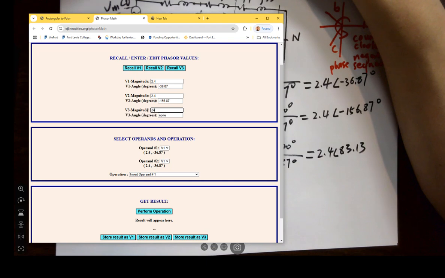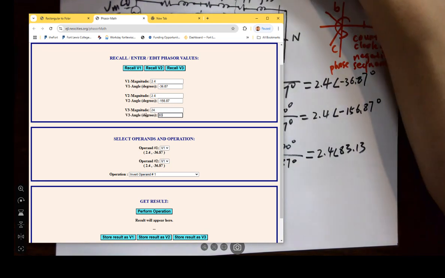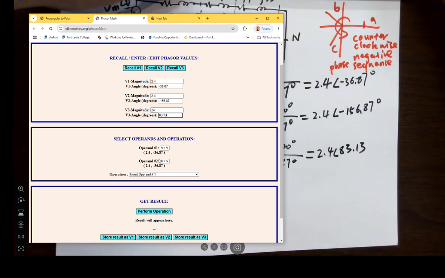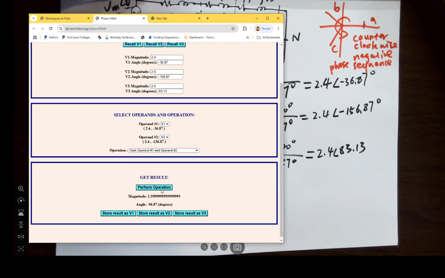Let's try it now. 2.4, and the phasor is 83.13 degrees. So V1, 2.4, oh yeah. 2.4, right? Yeah. Oh yeah, that's right. Okay. So V1 plus V2, if we do a sum, it's giving us this.